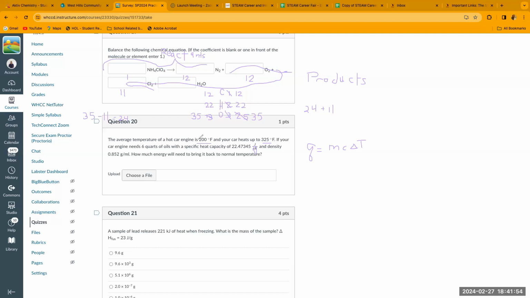We have it in Fahrenheit, and we need to change it to Kelvin. Well, we know the temperature in Kelvin for the 325 because we did that earlier.